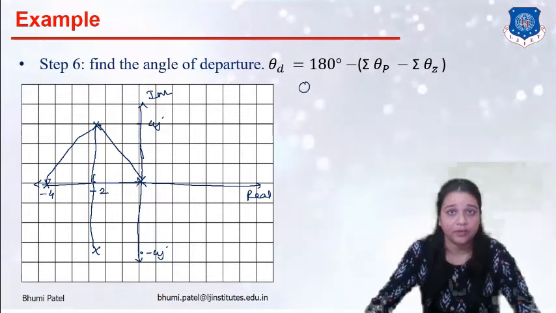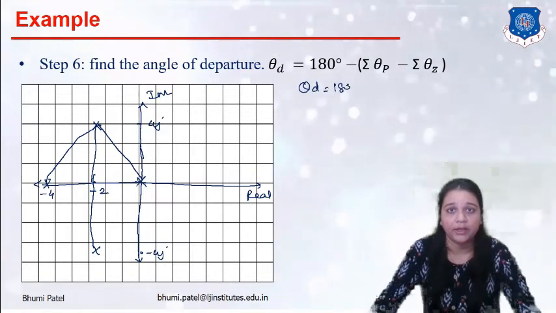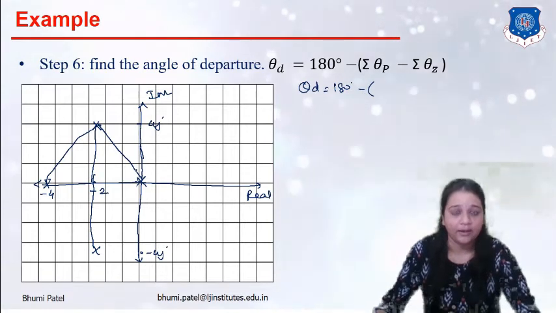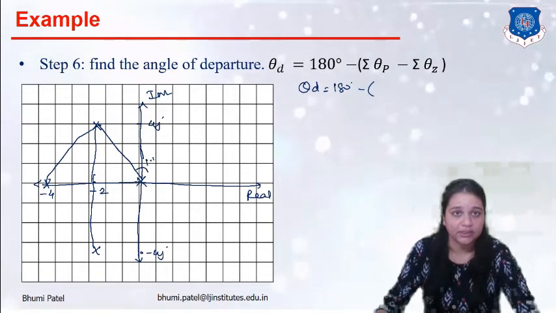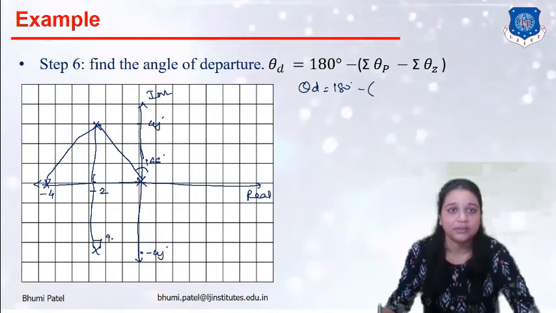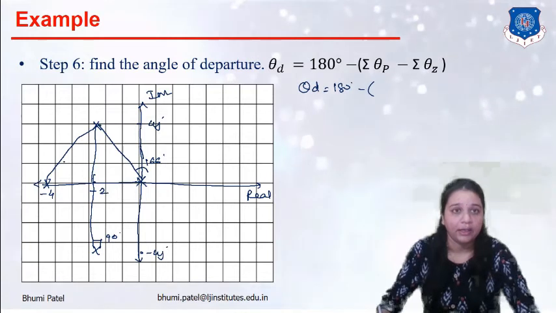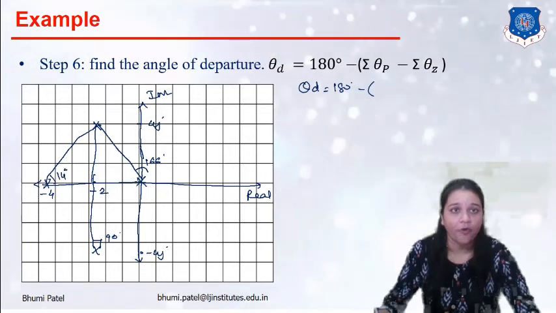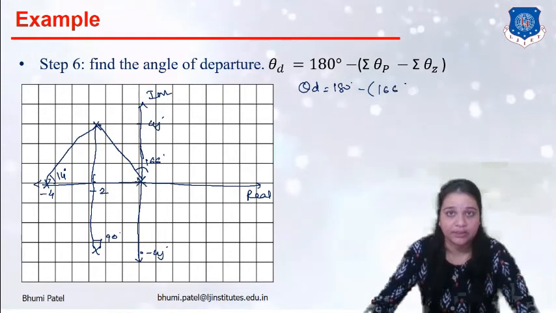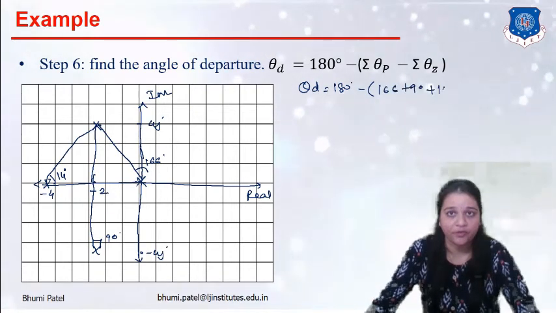theta d is equal to 180 minus here summation of the poles. So this angle we can get 166 degree. Using protractor you can measure the angle. This is about 90 degree and this is near about 14 degree. So summation of the poles is 166 plus 90 plus 14.